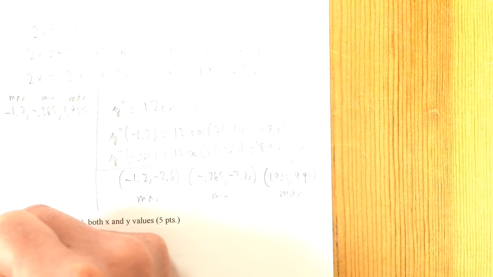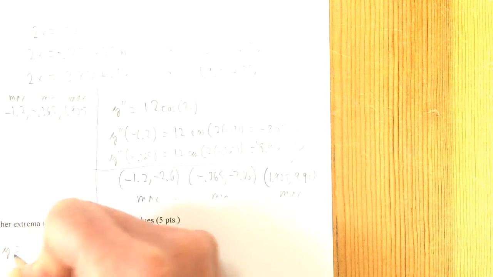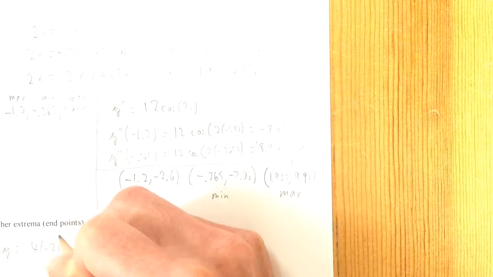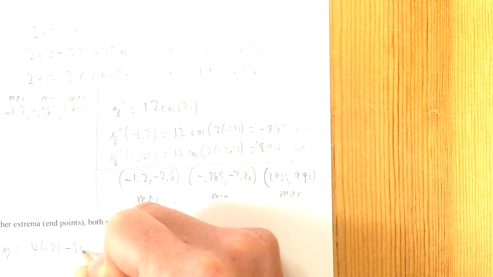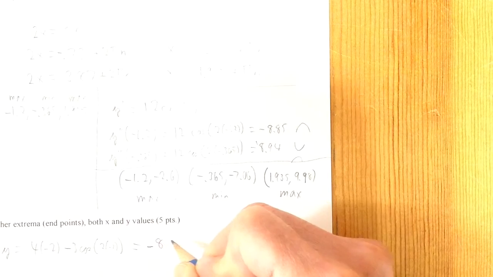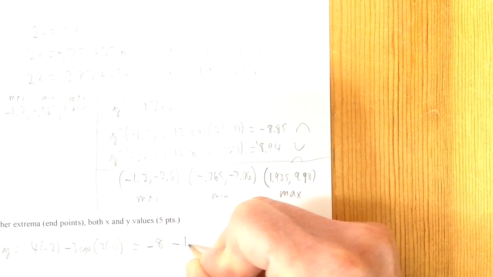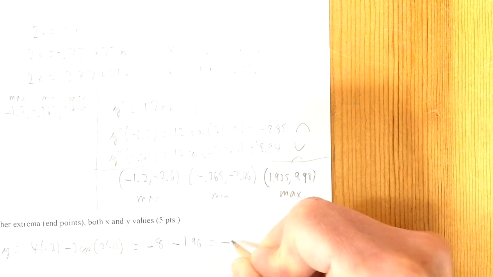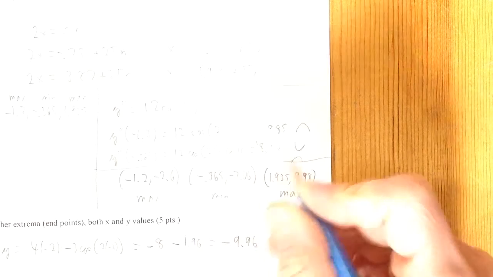So when x equals -2, what's y? So y is equal to 4 times -2 minus 3 cosine of 2 times -2, which equals -8 cosine of -4. Make sure it's in radians. Cosine times 3, I get minus 1.96, which is -9.96.